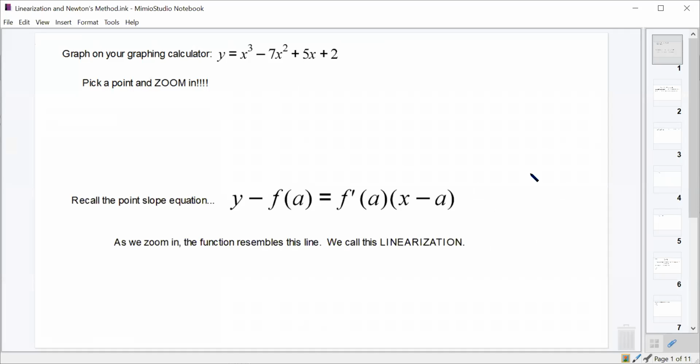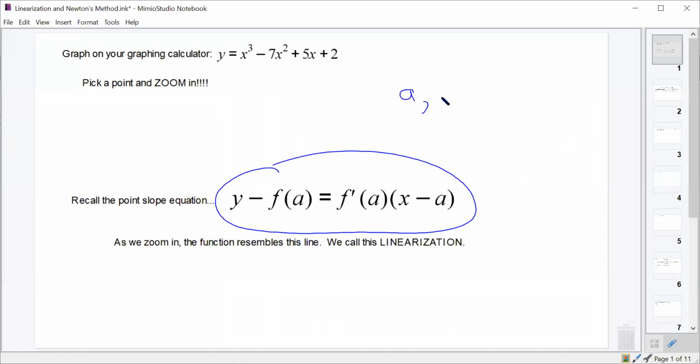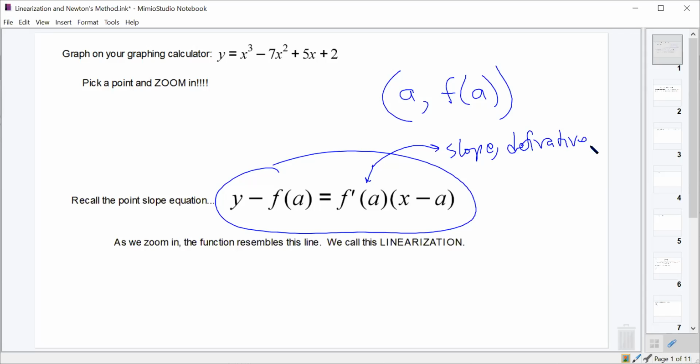And so the tangent line of a function at some value a is just this equation. This is the point slope form, through the point a, f of a. Its slope is the derivative at a, and the point is a, f of a.